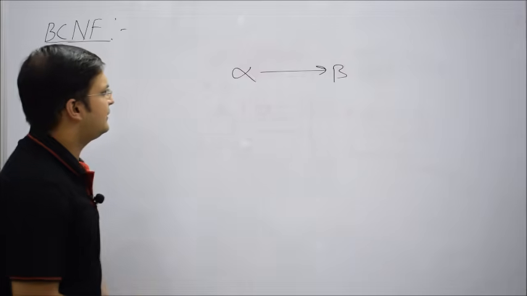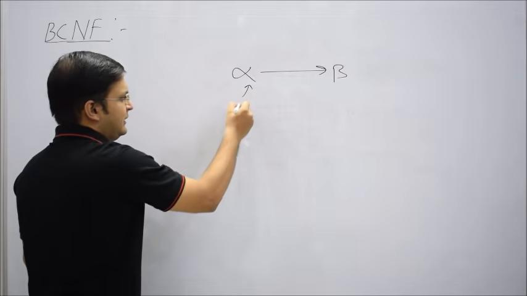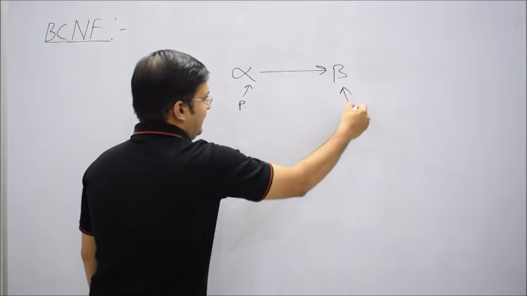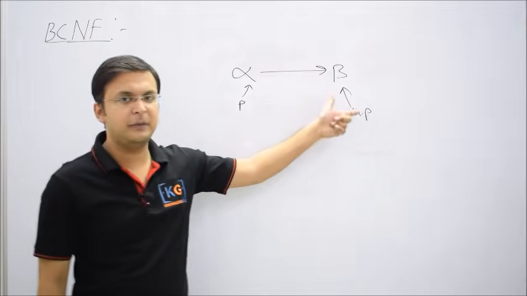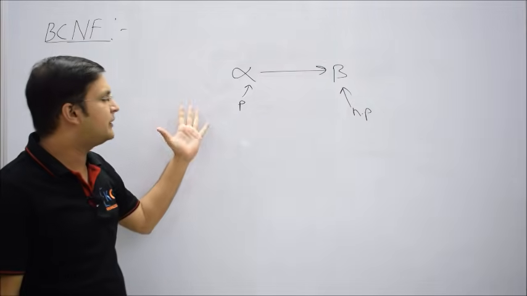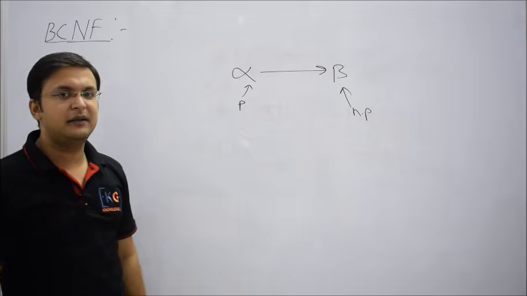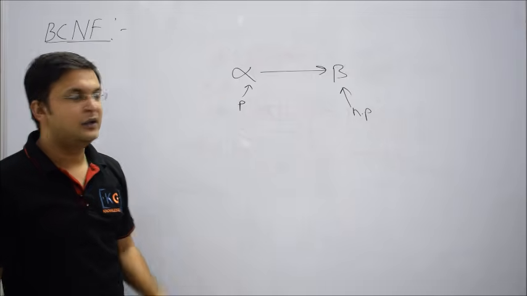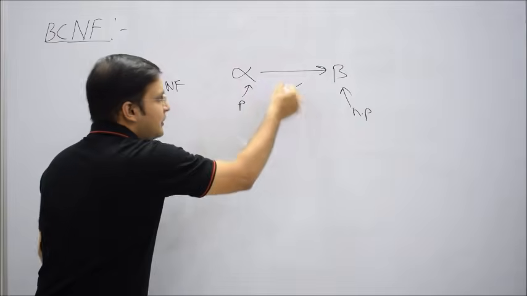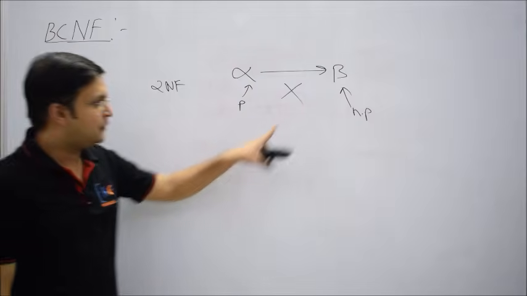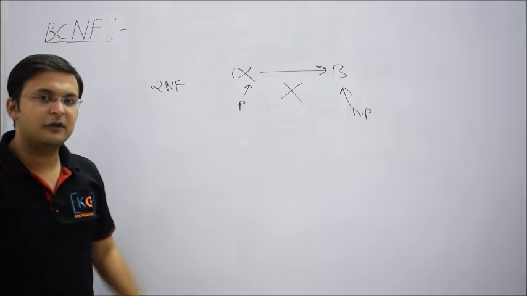Partial dependency exists when this alpha is prime and this beta is non-prime. Again, that is when a non-prime attribute, instead of depending on the entire candidate key, depends on a part of a candidate key, then it is called partial dependency. So second normal form says this cannot be allowed. A non-prime attribute cannot depend on a part of a candidate key.